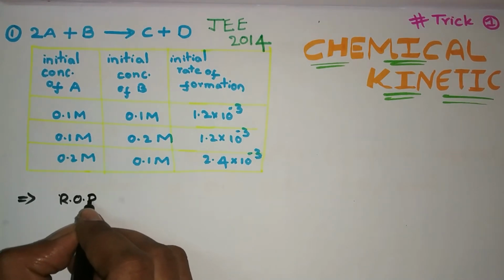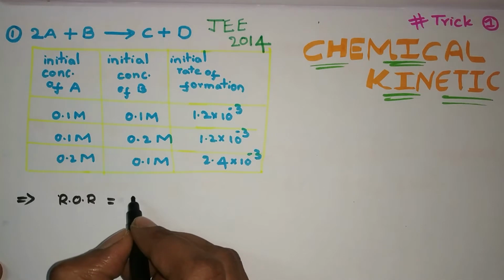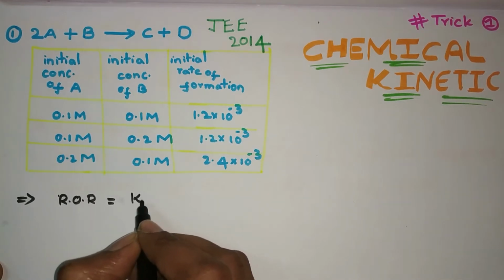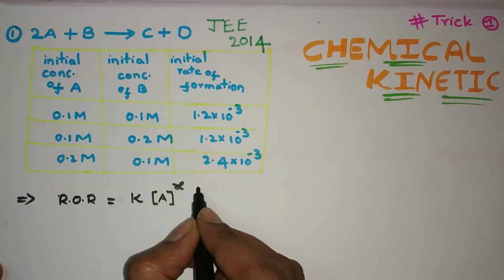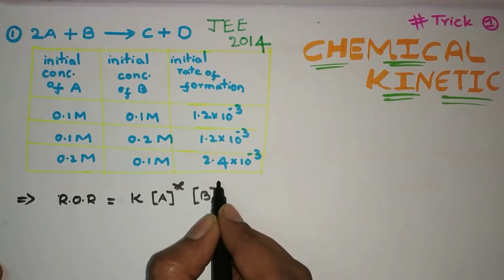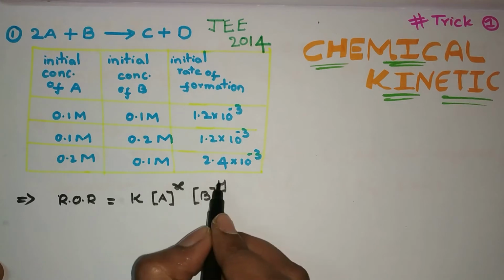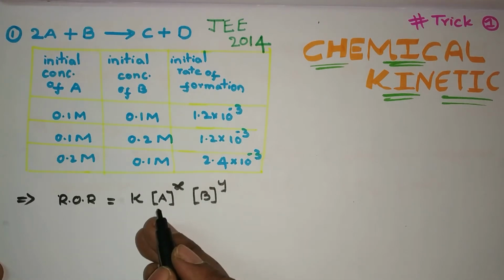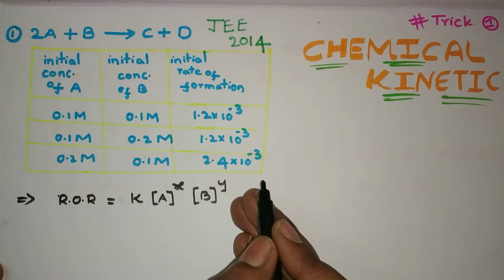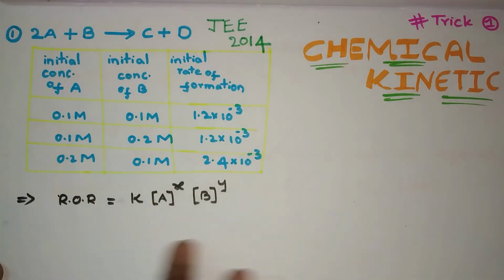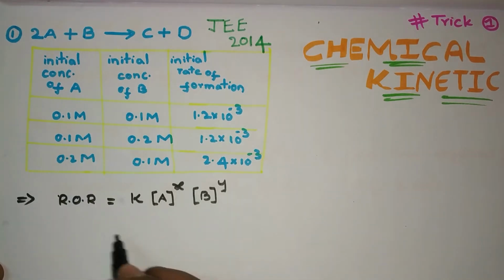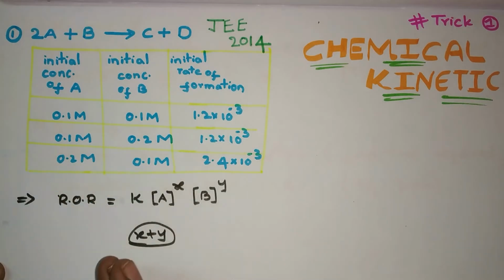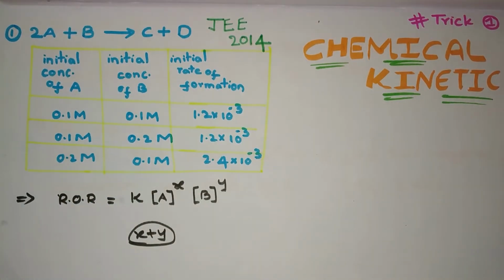Rate of reaction is equal to K into, this is the rate constant, concentration of A to the power x and the concentration of B to the power y. x and y are the order with respect to A and the order with respect to B. This is the differential rate equation. You have to find the order of this reaction. x plus y is the order of this entire reaction. Okay. How to find that?